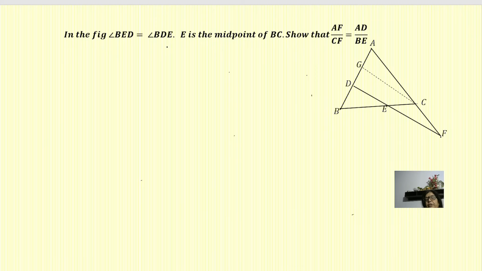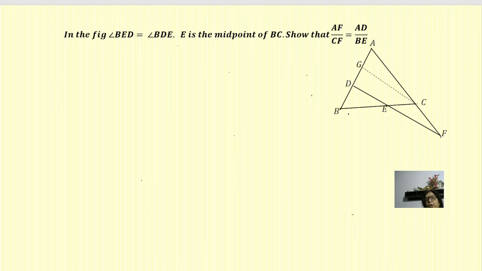It's not mentioned over here, but it's given angle BED is equal to BDE. So of course this is the initial figure. The extra construction that we need to do is draw CG parallel to DE. The figure is originally given in this format.